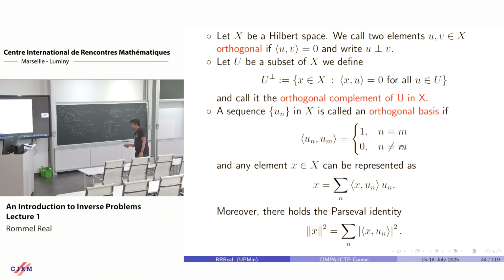What's nice about the orthogonal basis is that if we can write every element in X as a span of the elements in the orthogonal basis, then we can exactly compute the scalars that we pair with every element in the basis, in terms of the inner product of x and every element u sub n. More conveniently, there holds this Parseval identity, where the square of the norm of x is equal to the sum of the absolute values of the inner products of x and every element in the orthogonal basis.